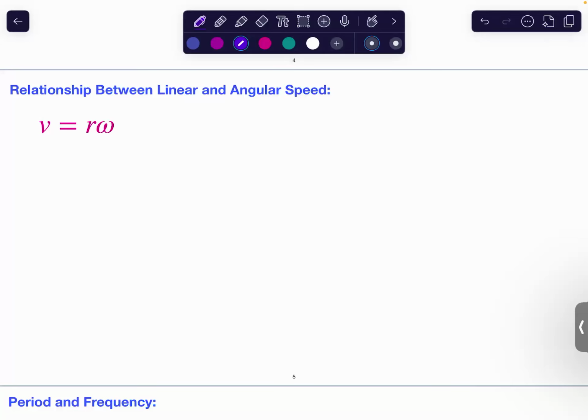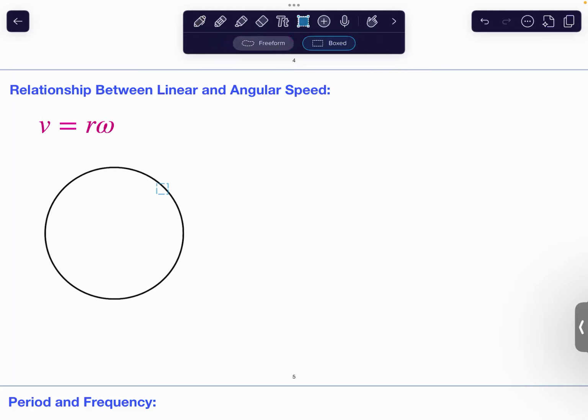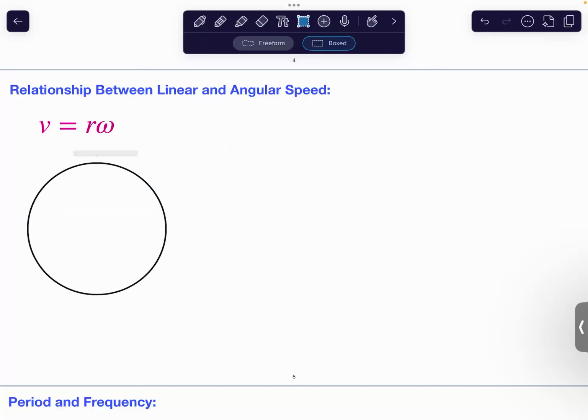So you have an object moving around a circle.